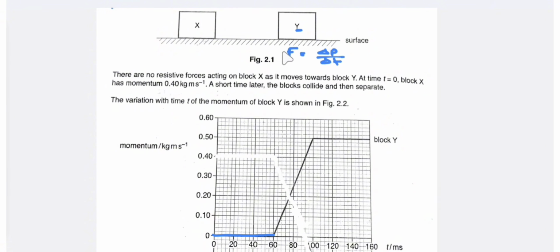So since force acts, there is a change in momentum, and due to this change in momentum there is a force acting due to collision. After the collision, there is no force acting, so the resultant force becomes 0. So the change in momentum is 0 and the momentum again reaches a constant value.